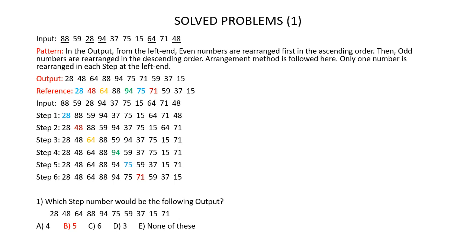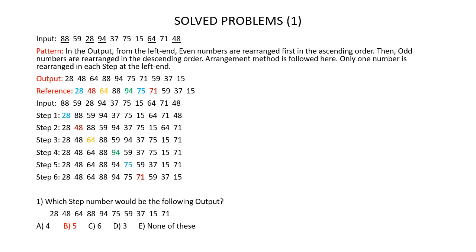Now from the pattern followed by the machine, we know that only one number is rearranged in each step at the left end. Now since there are 10 numbers in the input, it means that in the reference line of numbers also there will be 10 numbers. Also we know that arrangement method is followed by the machine.